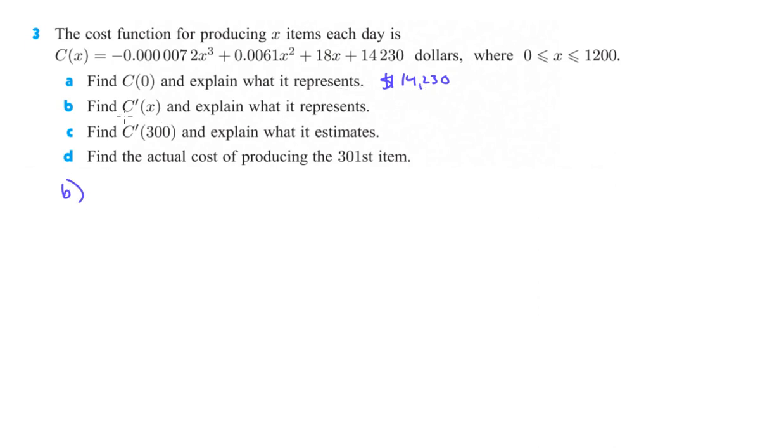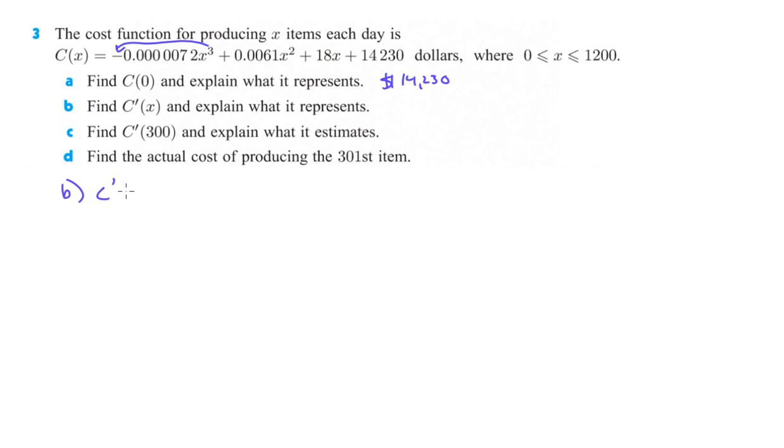Part B says find C prime of X and explain what it represents. So let's do that. We're going to go 3 times a negative 0.000072. So let's do this on the calculator to make sure that we're getting this right.